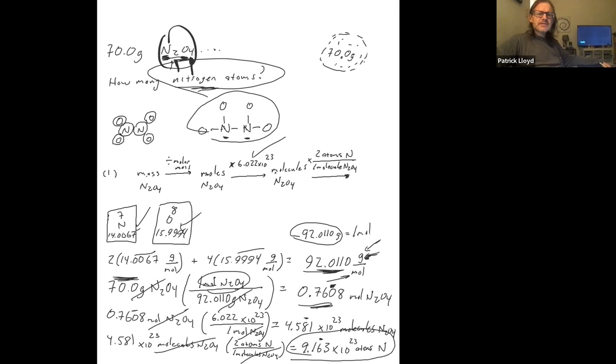They said round it to 3 significant digits. So I'm going to do that. 1, 2, 3. So let's just do it this way. Get rid of this one right there. There's your 3 digits, right? I just got rid of the 4th digit because it was less than 5. So 9.16 times 10 to the 23rd atoms of nitrogen.